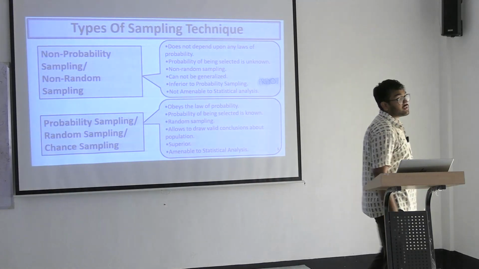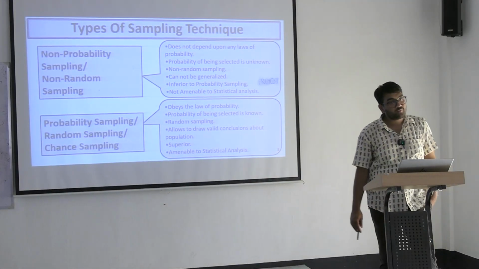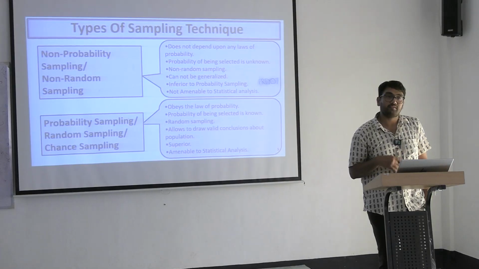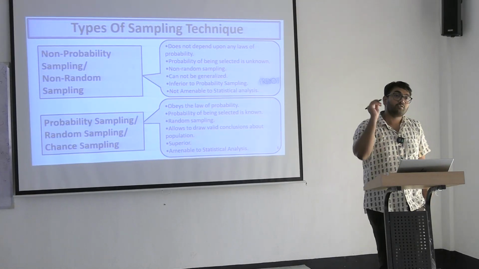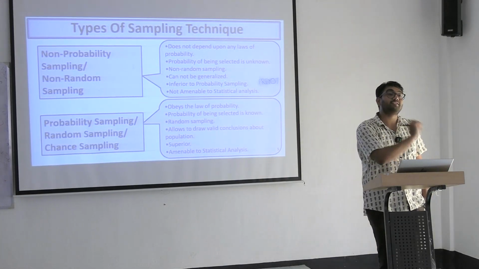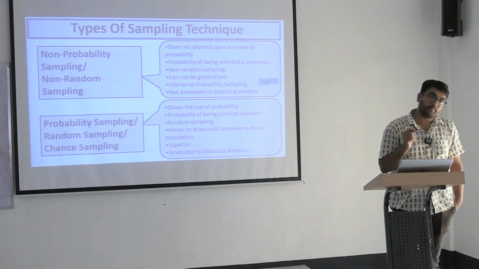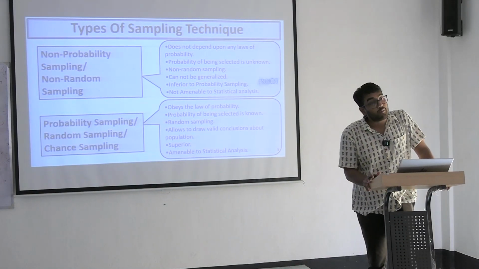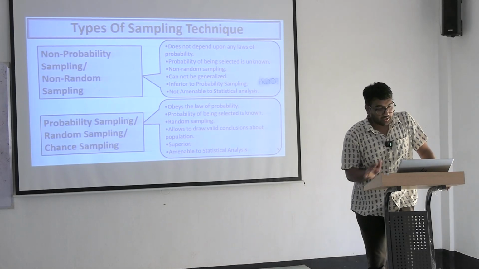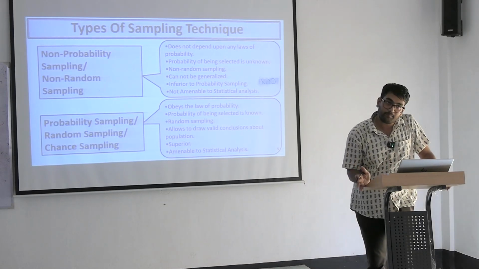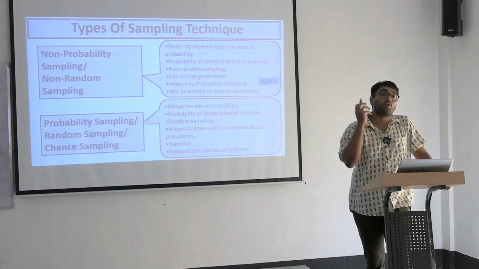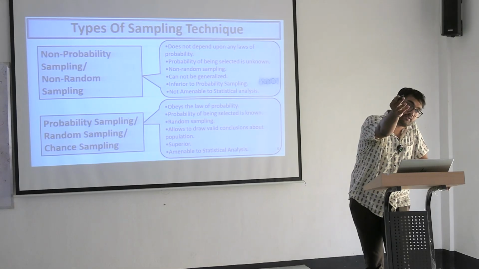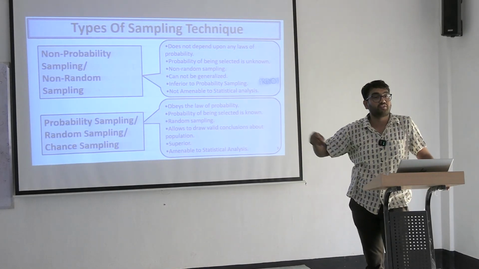So what are the advantages of random sampling or probability sampling? Exactly opposite things, that is, it obeys the laws of probability. So everyone's probability of getting selected can be calculated, right? And so the probability of getting selected is known. It is a random sampling. We are able to draw conclusions about the population from the inferences drawn out of the sample.